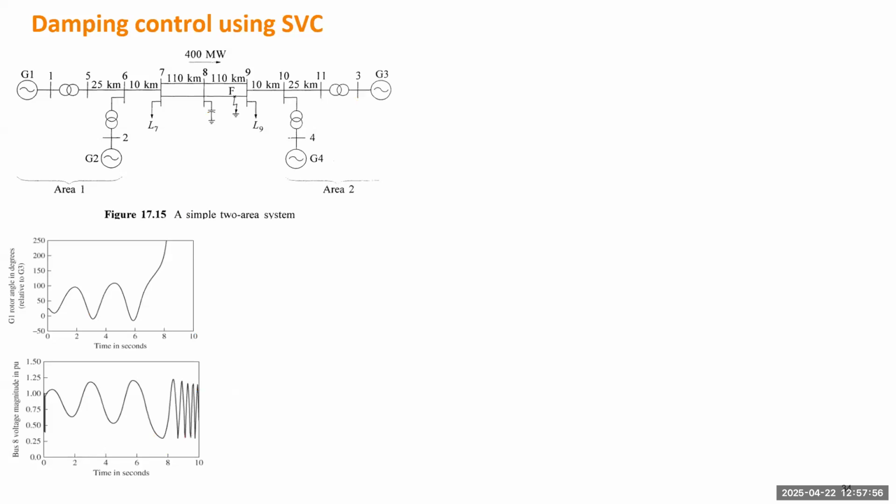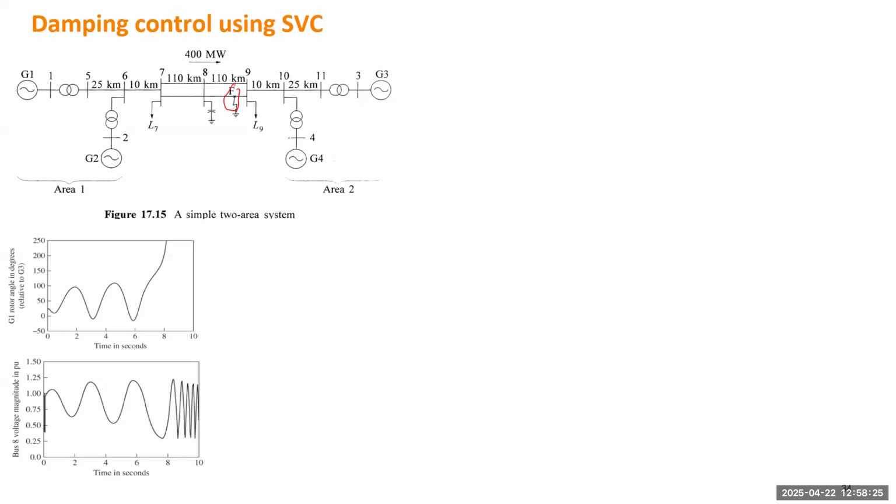The last slide of small signal stability just implements this idea for controlling the damping of the two-area system. This system is going to be utilized for the project. We also use the same system to do a number of tasks. For this system, if there's any fault at this location near bus number 9, a short circuit, then the line can be tripped.